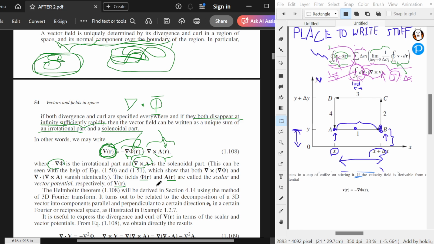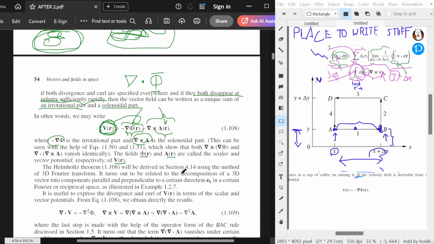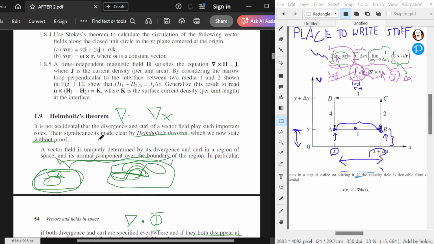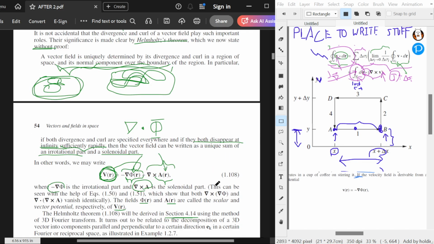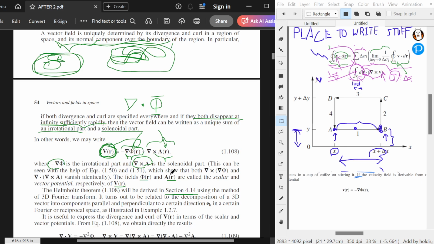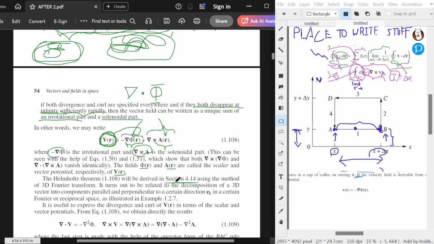The Helmholtz theorem will be derived in a later chapter using, so that's why they say just assume it's true for now, because it's very complicated. Using the method of 3D Fourier, I have no idea what this means, transform. It turns out to be related to decomposition of a 3D vector into components.